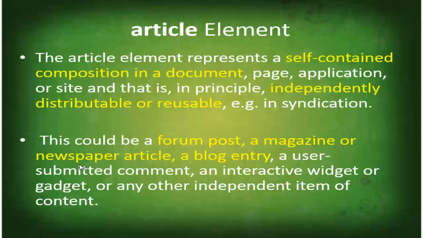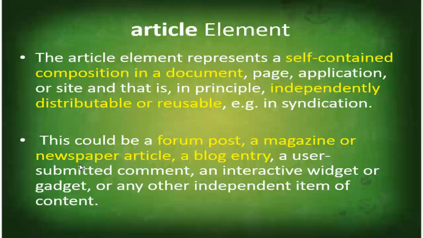Next one is the article. The article is also a grouping like a section, but there is a difference. What's the difference between an article and a section? Both of them are meant to section out your content, but an article can be independently cited. What's the meaning of independently cited?